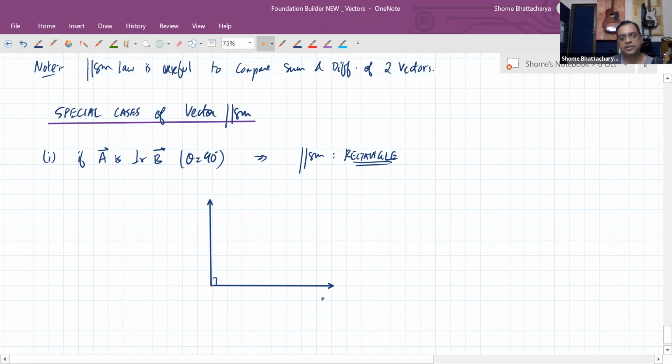So that gives us certain special properties about the sum and difference, which we'll learn next.